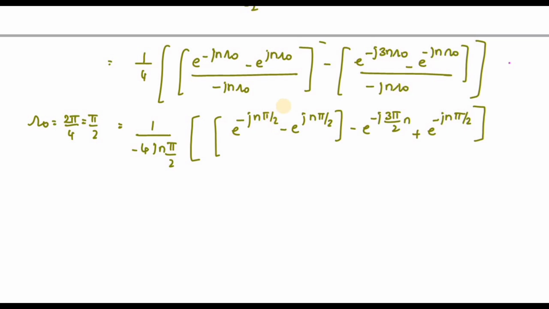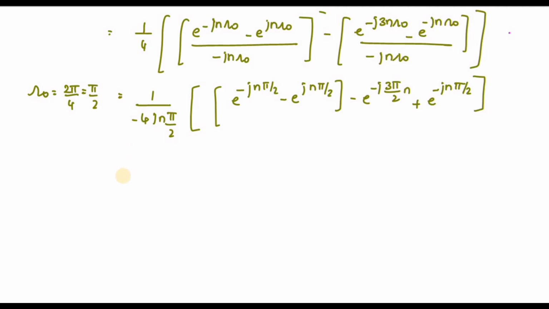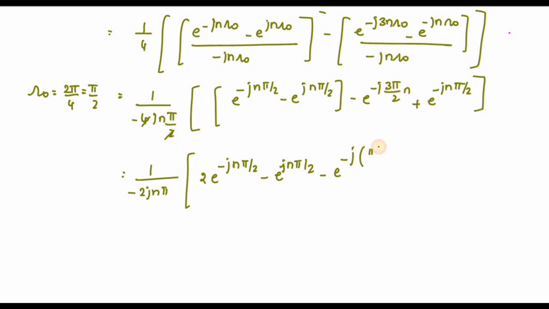Okay. So here you see I can cancel this one. So I can write minus 2j n pi. Okay, these two I can add. So 2 e power minus j n pi by 2 minus e power j n pi by 2, minus e power minus j, this 3 pi by 2 I can write as pi by 2 minus 2 pi.